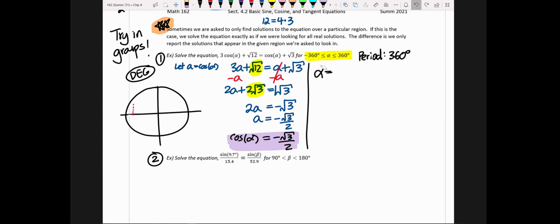Let's hear from Juan. Okay, not hearing from Juan. How about Jacob? So Jacob, between 0 and 360 degrees, at what angle measures is cosine of alpha equal to negative root 3 over 2?